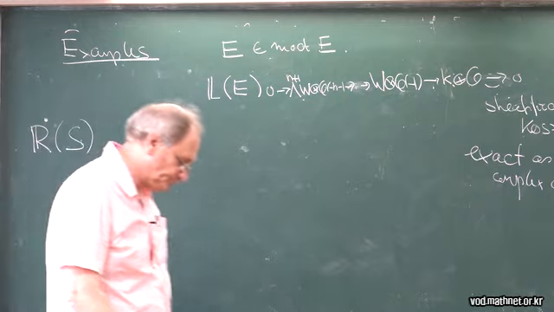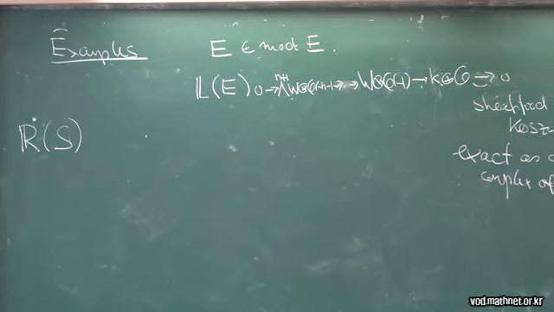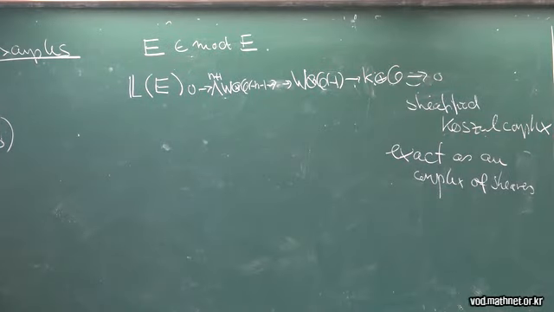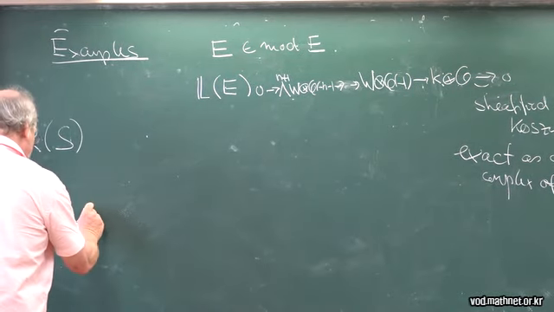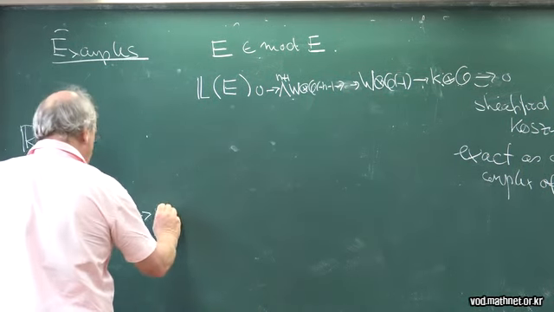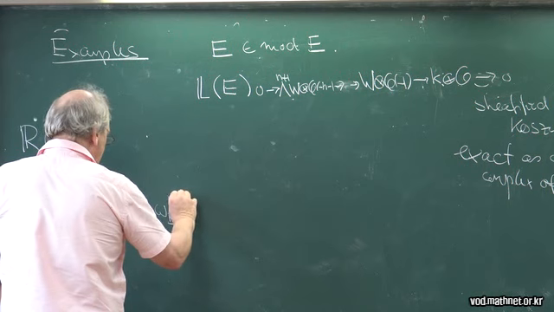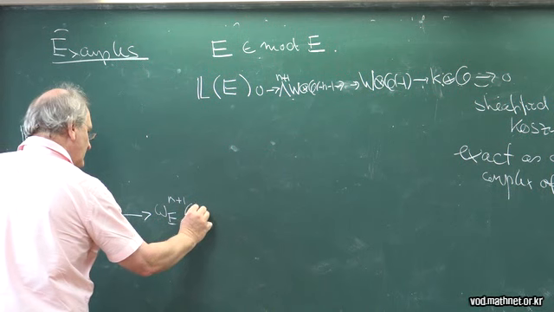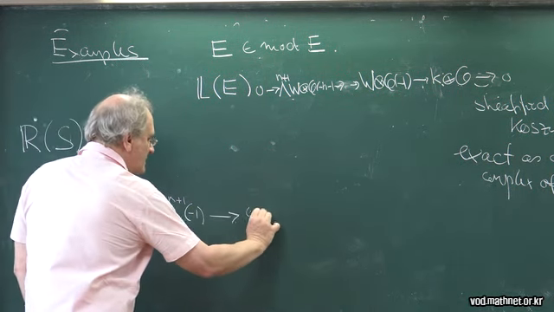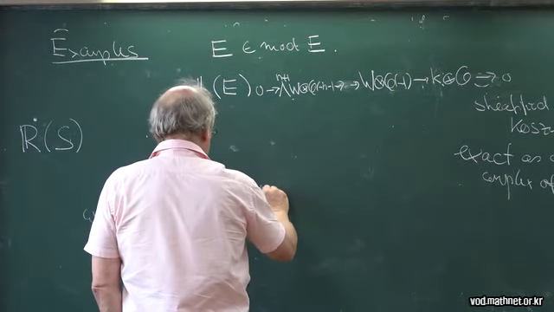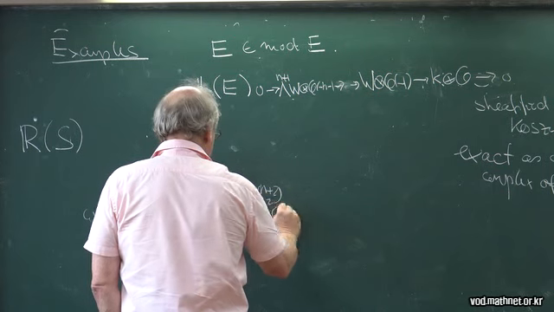So how does this look? I would like to write this down in terms of matrices. So I have one copy of omega of E, and then in the next term I have omega of E, n+1 copies, with a shift by minus 1, and then omega of E, n+2 choose 2 copies, shift by minus 2, and so on.